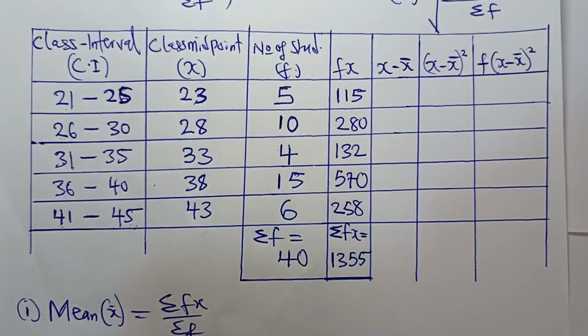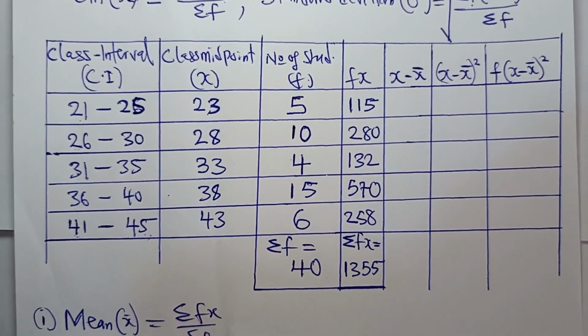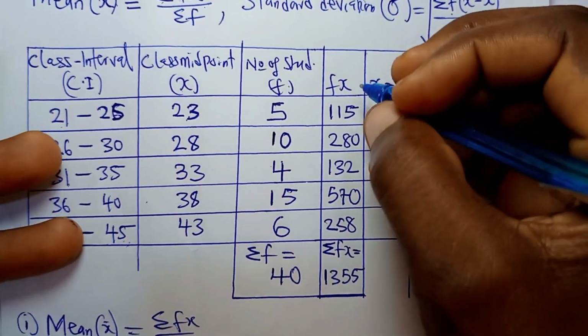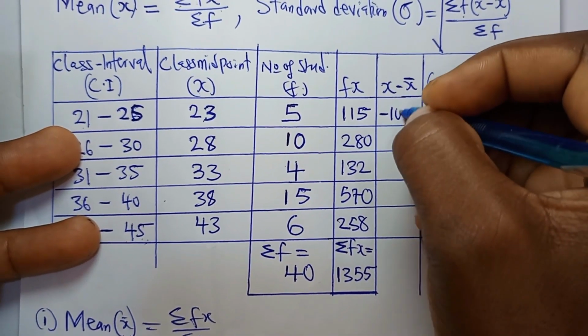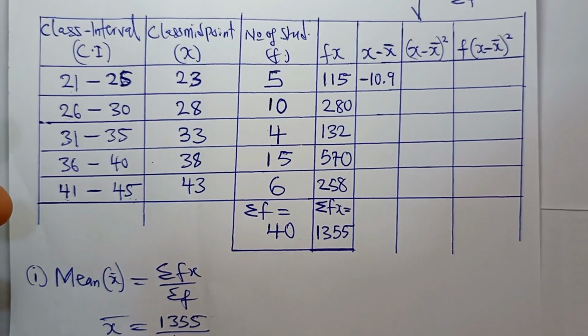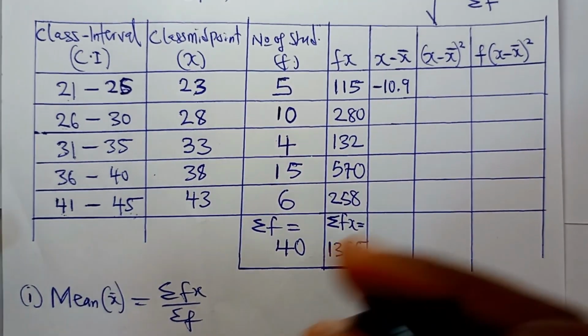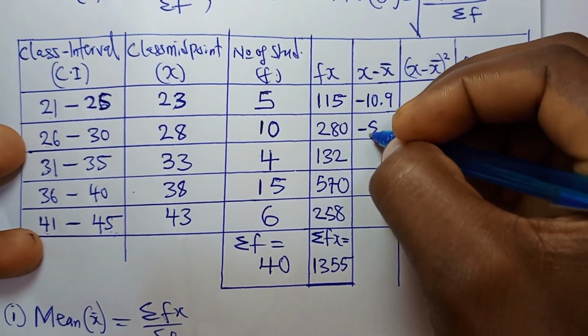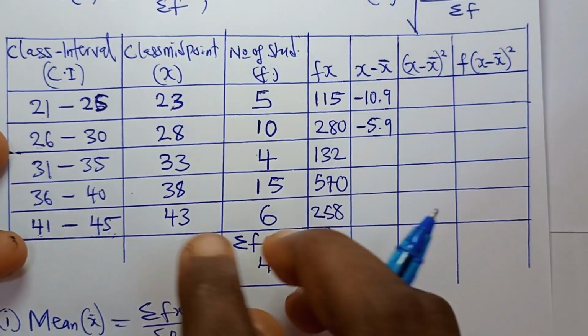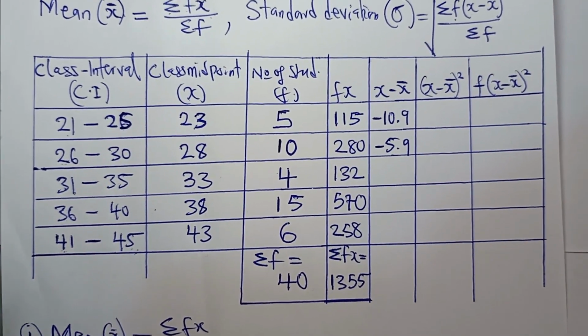23 minus 33.9. I will input it. 23 minus 33.9, and I will get minus 10.9. Then I will input 28 minus 33.9, then I will get minus 5.9. I will input 33 minus 33.9.